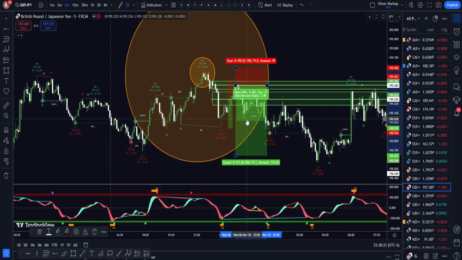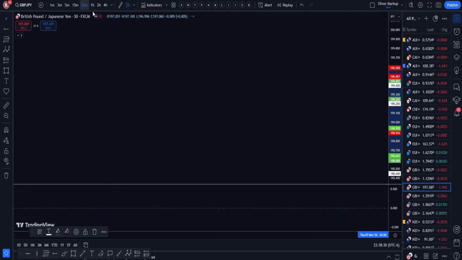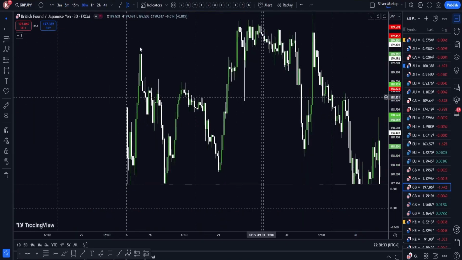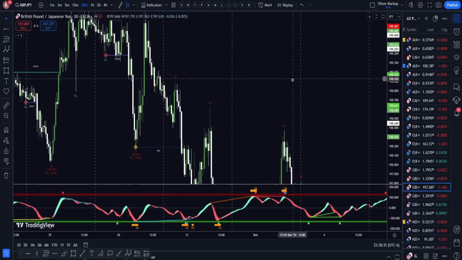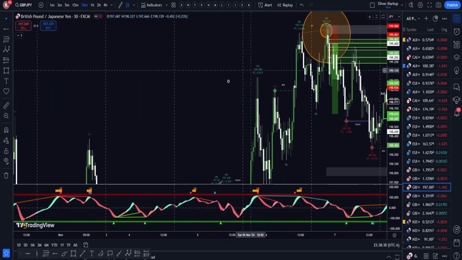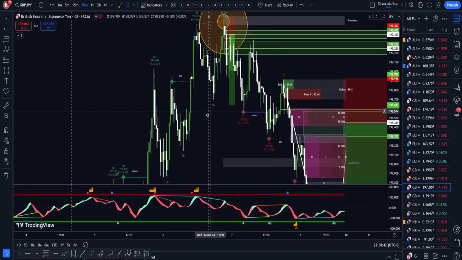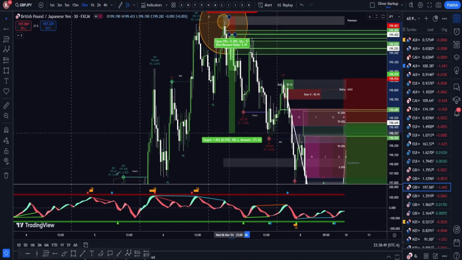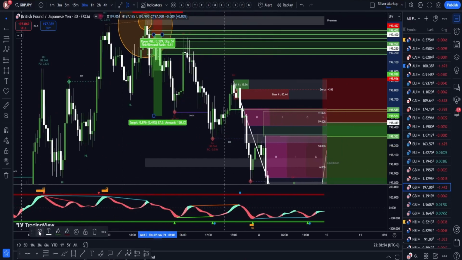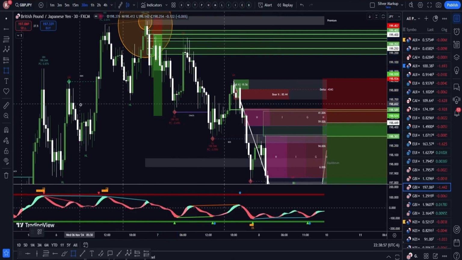Now, if I'm using the bigger time frame, I can kind of zoom out on it. So if I'm using a bigger time frame here, I would go down into this other low point. You can go down to here, or you see that there was a slight support resistance.